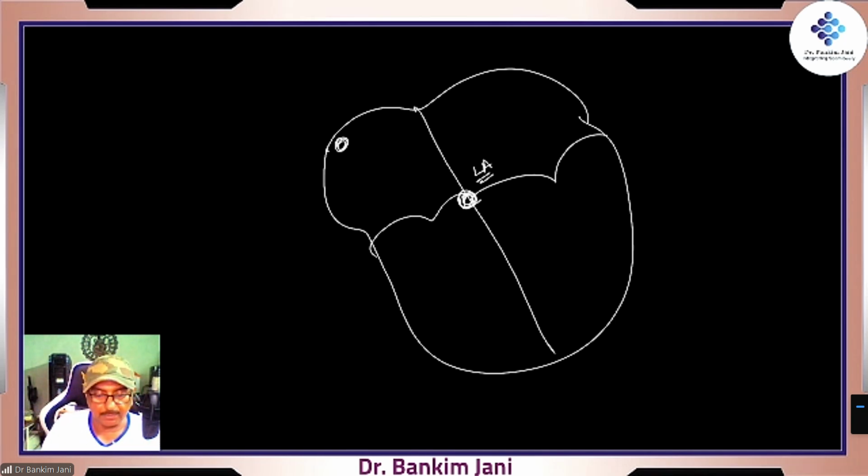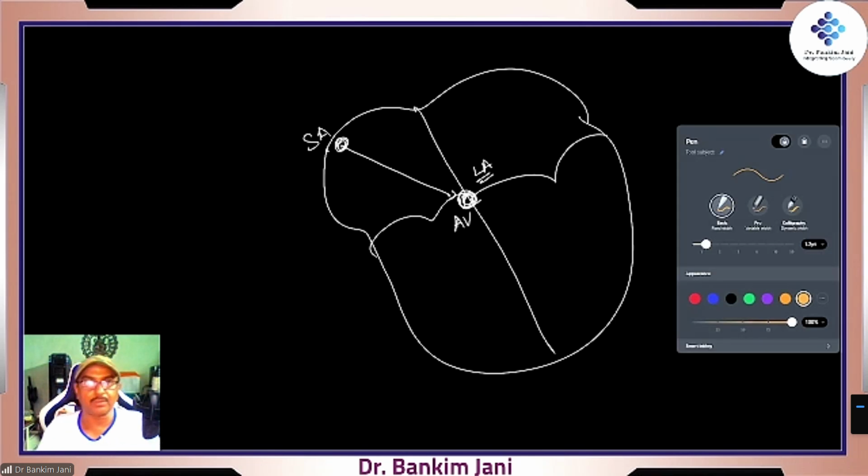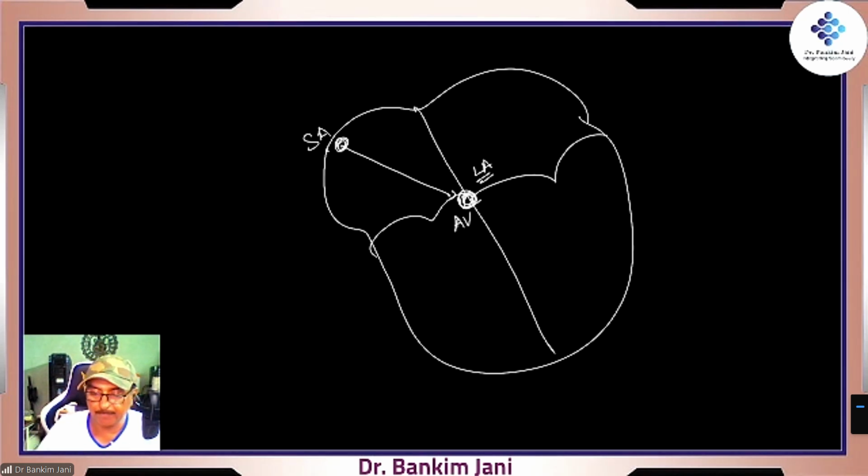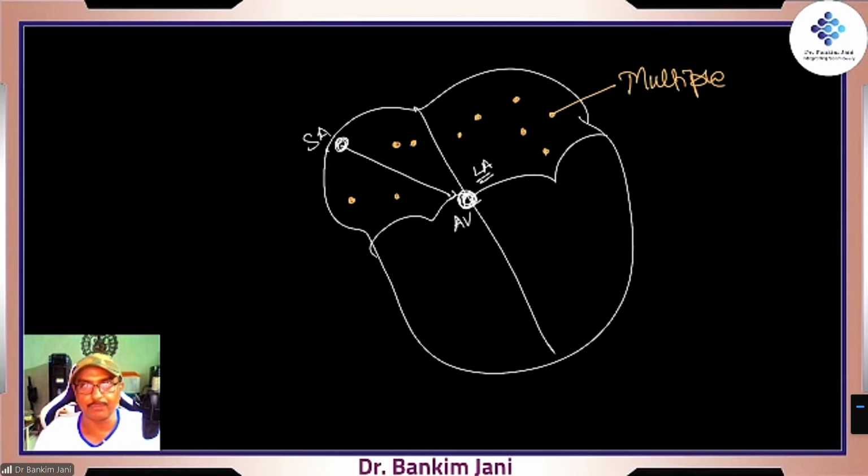What really happens is that from SA node to AV node things go, but there is development of what is called multiple foci. These are the spots. They are classically called multiple foci. Focus means one spot. Foci means many of them. So these are the multiple foci in right atrium and or left atrium.